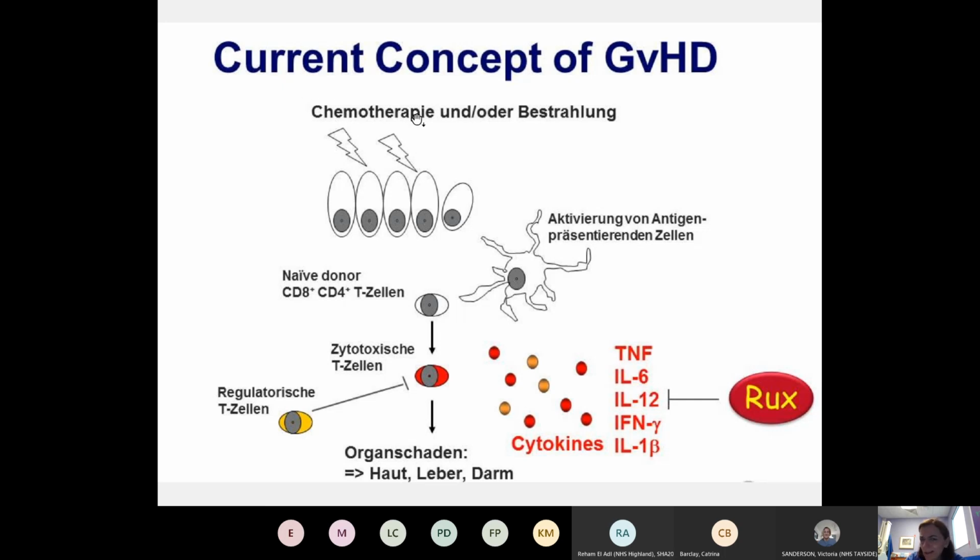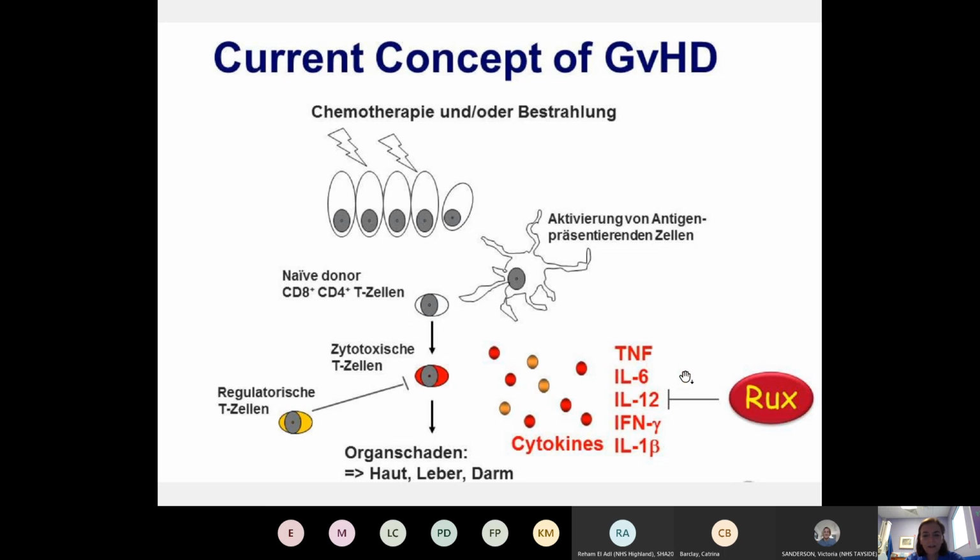I don't speak German, but I think this means chemotherapy and or radiotherapy. And this is damaging epithelial cells. Here are your antigen presenting cells. Here are your naive donor CD8 and CD4 positive cells. Then your cytokines interact here. Here are your regulatory T cells.